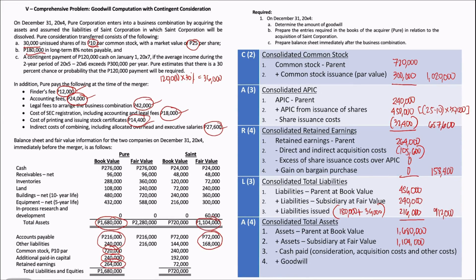That's total cash paid for acquisition costs of 138,000. Lastly, we add goodwill, which we have computed earlier as 102,000. Hence, the consolidated total assets on the date of acquisition is 2,748,000.